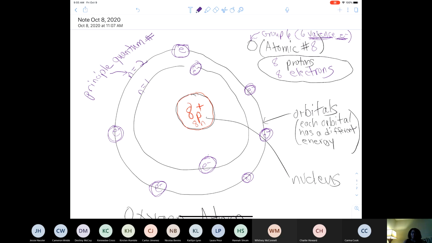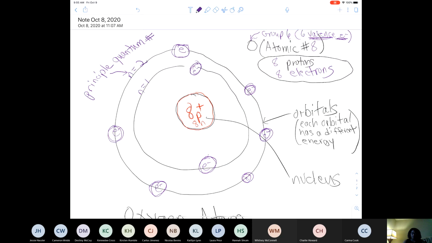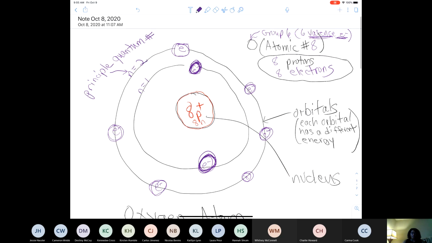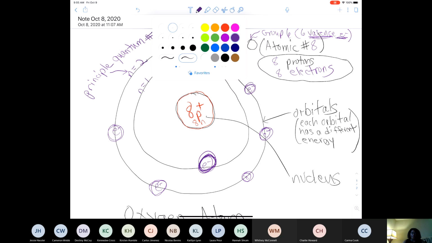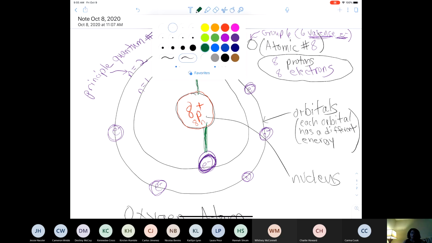But the inner electrons, these two inner electrons, are going to feel the attraction between themselves and the nucleus more strongly than these outer electrons.